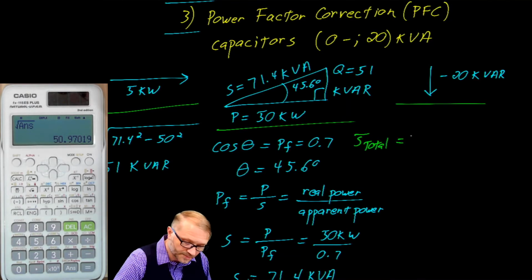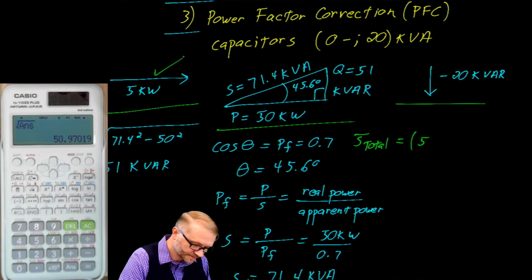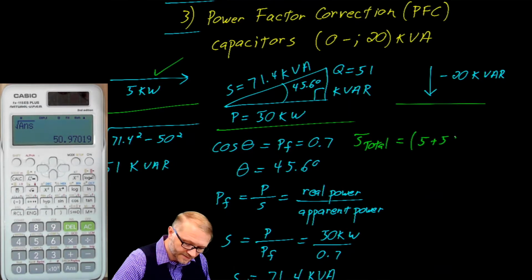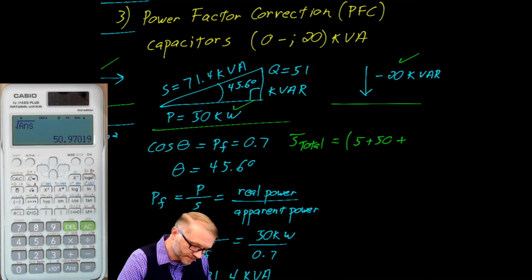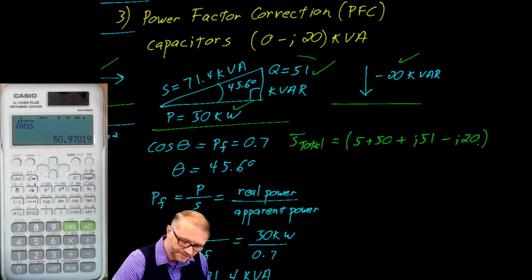We can add up the real pieces first, so that's 5, got that one, plus 50, there's that, plus 0, because there is no real component on the capacitor. So that brings us to the reactive pieces. So this guy here is plus J51 minus J20, and that's all volt amps.